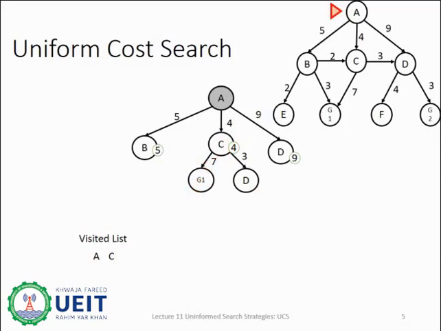Now we will calculate the total path cost from root A to reach the goal node G1, and it will be 11. Similarly, we will calculate the path cost of reaching D from root node A, and it will be 7. We will add C to the visited list, and thus C has turned grey.